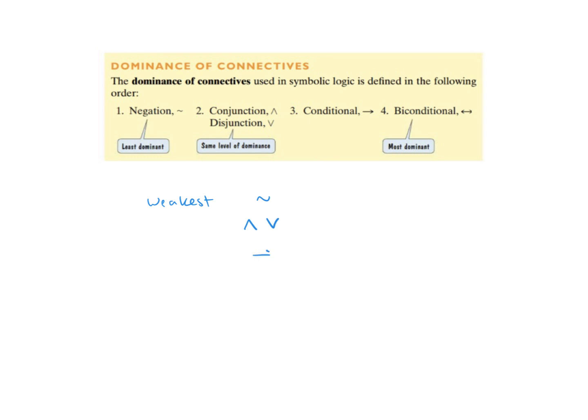Then comes the conditional, and then the biconditional is our strongest connective. So if you think of the negation as like a wet noodle, it's the weakest, and the strongest, the biconditional, kind of looks like a barbell, so that's going to be the strongest.